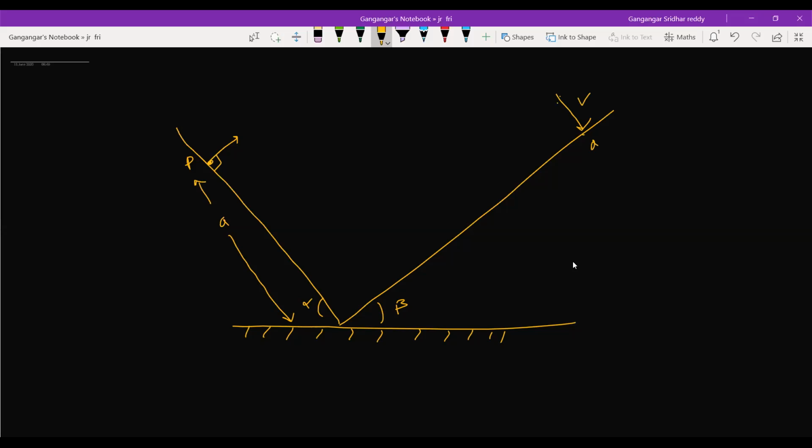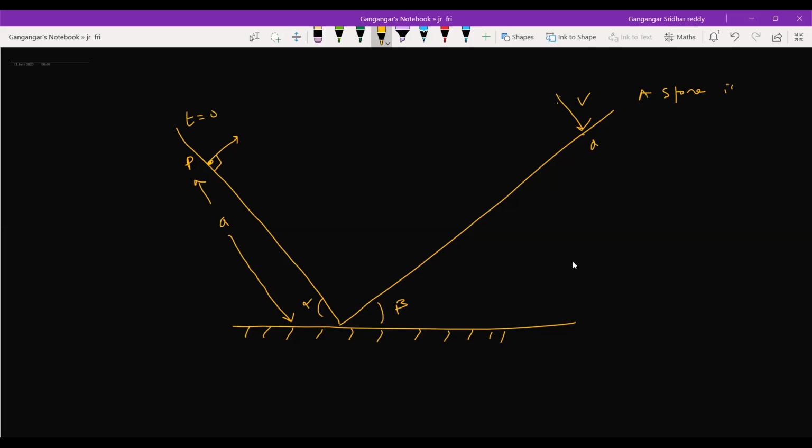Like yesterday's problem, no? The same conditions at t equals 0, I'll project it. So I'm asking, what is the time of flight? So I'll write some conditions here.